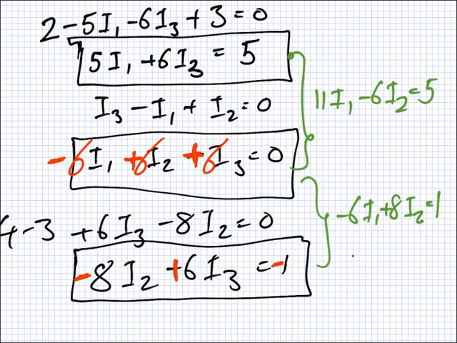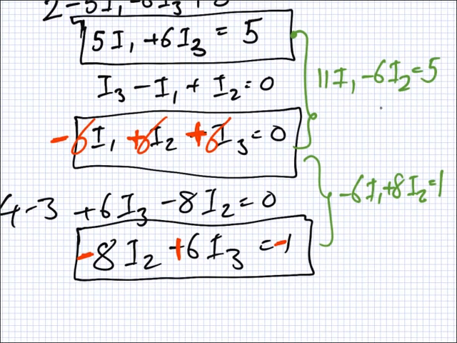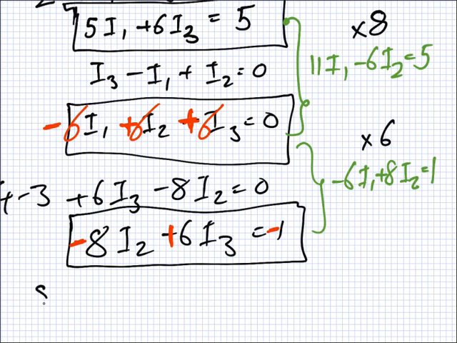Okay. Now, how to put these together? Plus 1, isn't it? Okay, yeah. Could multiply this by 8 and this by 6. So what will we get? We'd get 88I1, yes?